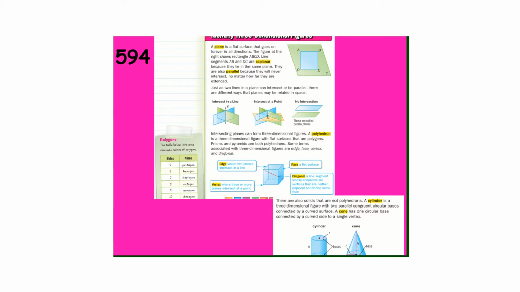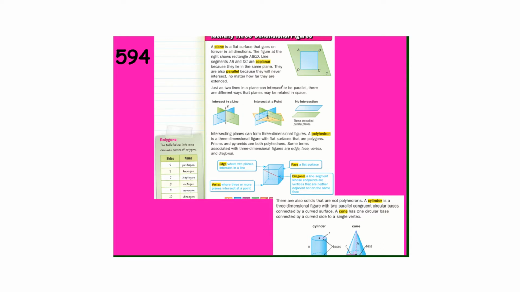Line segments AB and DC are coplanar because they're in the same plane. Basically, they all land on that flat piece of paper. Okay? They're also parallel because they are the same distance apart. They'll always be the same distance apart. They'll never get closer, never get farther away, like train tracks, you might say.